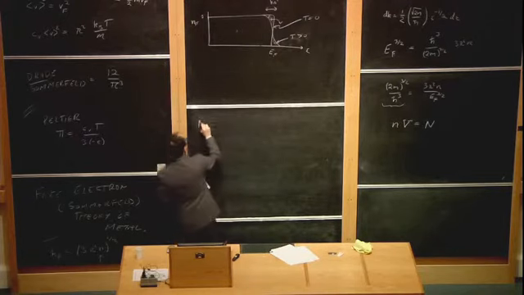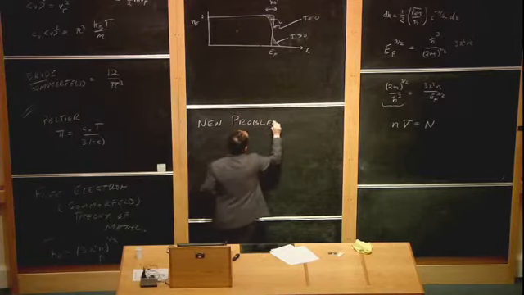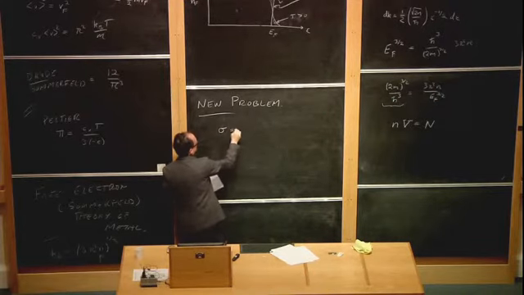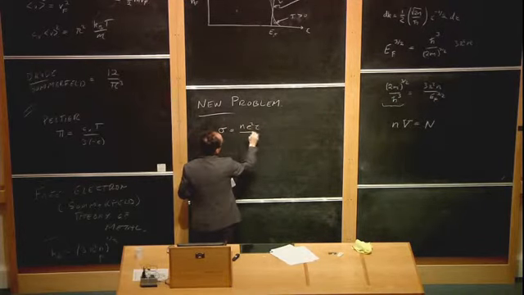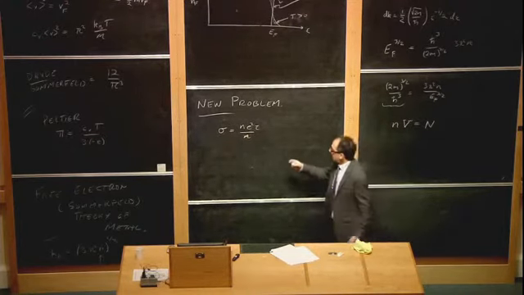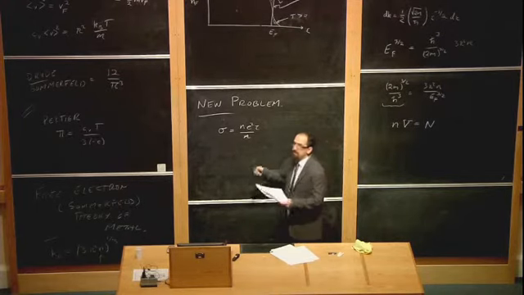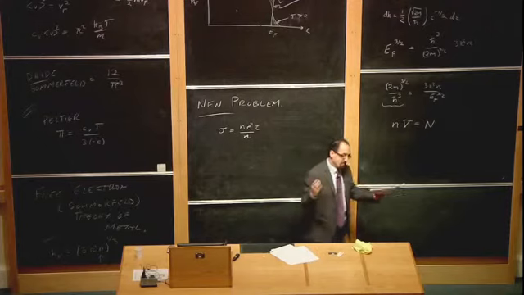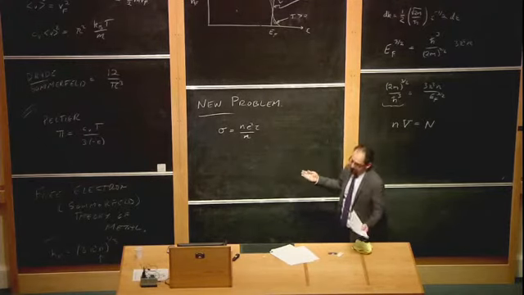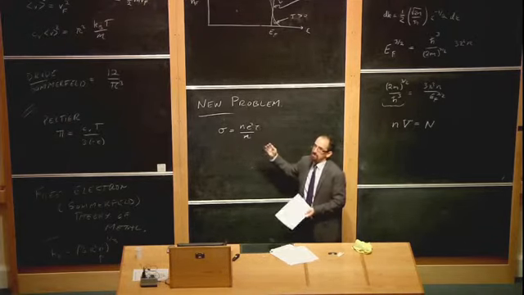But unfortunately, as with all things, he introduced a new problem. What's the new problem? Let's go back and remember the conductivity expression, n e squared tau over m. That's still the same result in Sommerfeld theory. It better be the same prediction, because we wanted to get the right ratio of thermal conductivity to electrical conductivity, and we didn't change the thermal conductivity much, so we better not change the electrical conductivity much either.